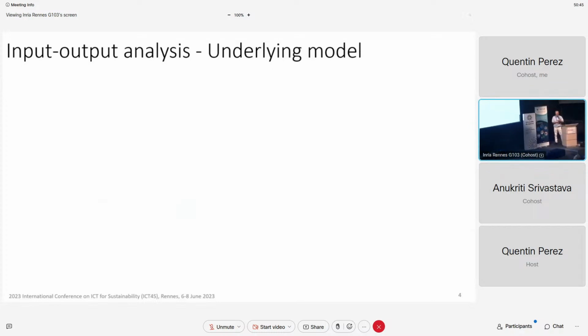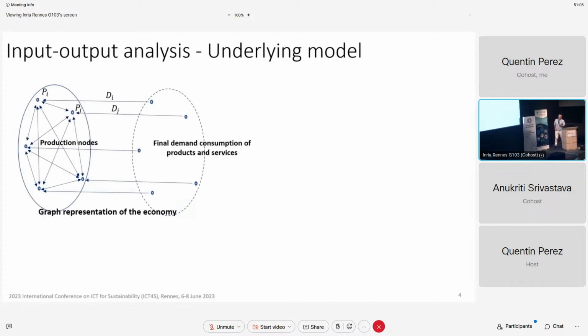A classical way of looking at IOA, input-output analysis, is big matrices, lots of numbers, and vectors. This is a little bit tedious, so let's look at it in a graphical view. It's much easier. On the left-hand side here, we have a group of sectors.